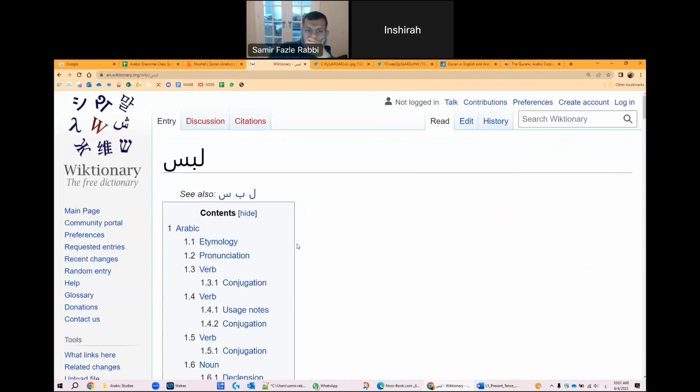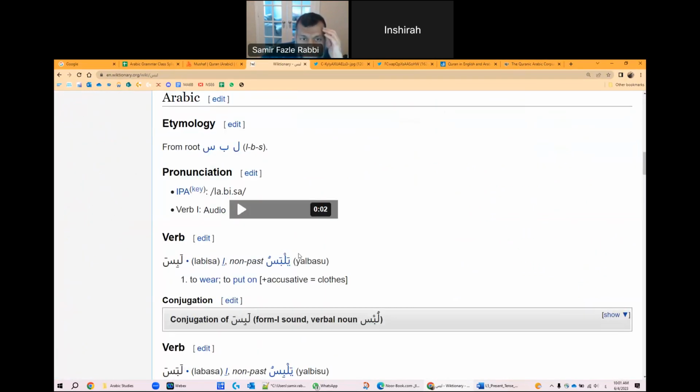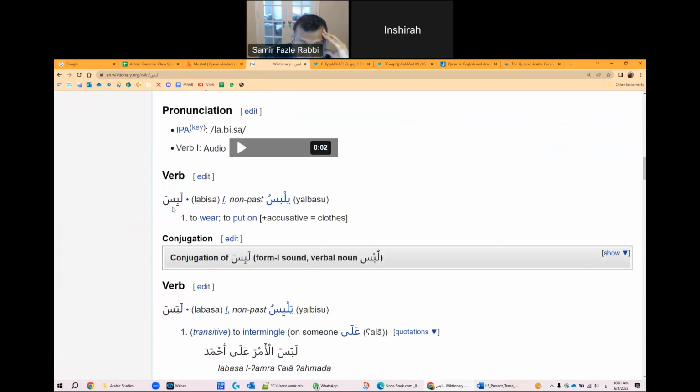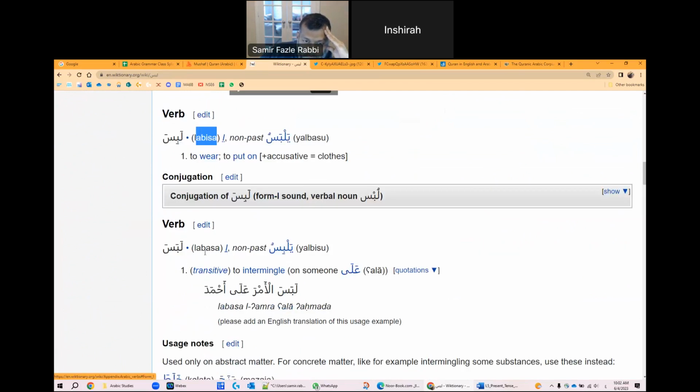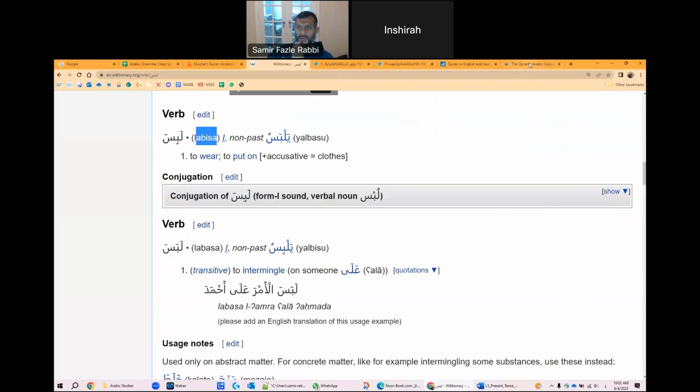There is a difference in them, but what am I missing up here? So this is labisa. That's what I put in there. Labisa is to wear, and labasa is to intermingle or mix. So what I put in there was labisa, which is wear, and then shariba. Because this one, like I was showing you here in the Quran.